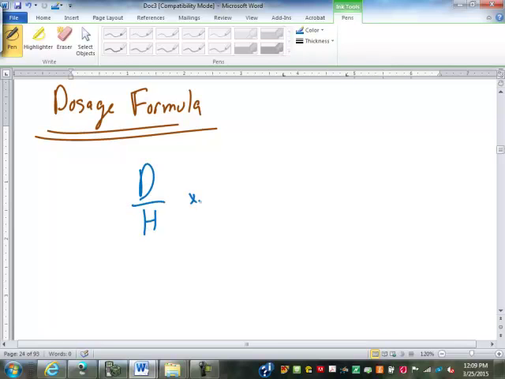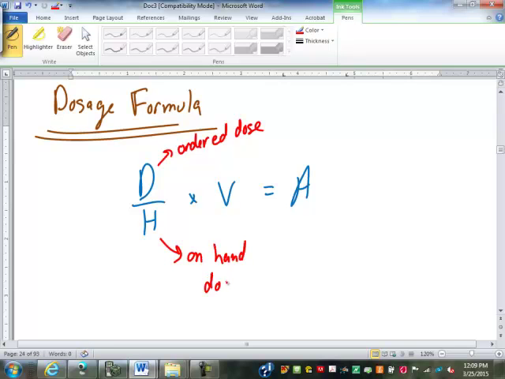D over H times V equals A. Where D is the desired dose, or the doctor's orders. So the ordered dose. H is the on-hand dose. V, which is the part that's always confused me, is the vehicle.